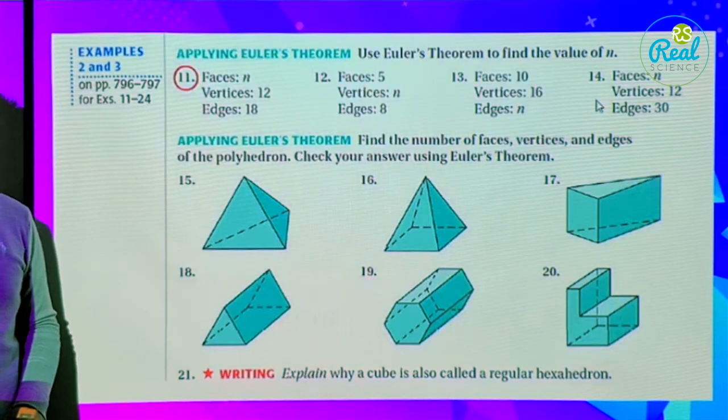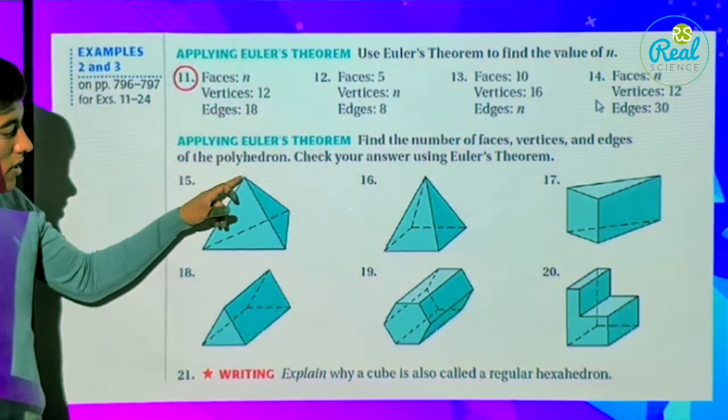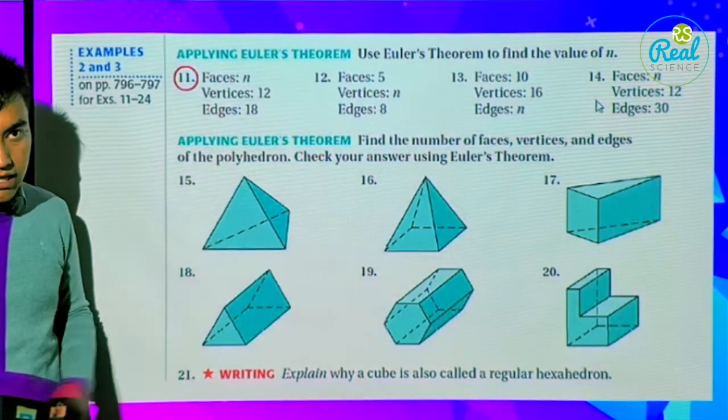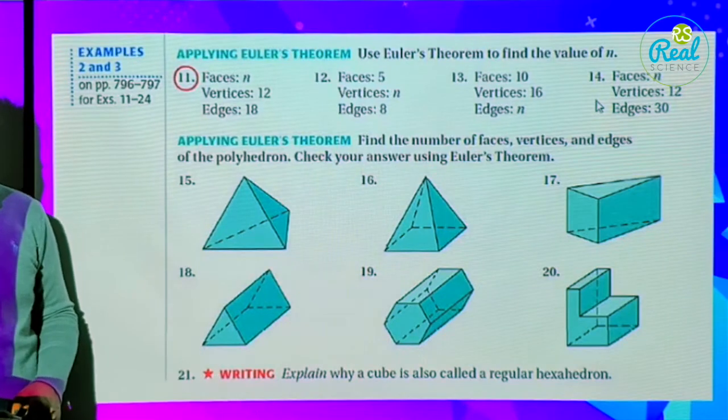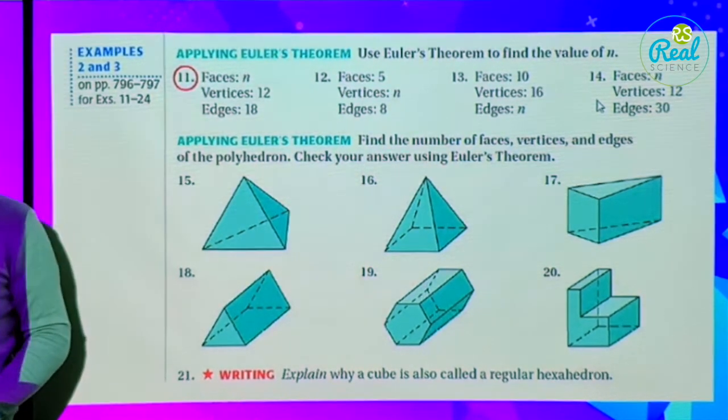The sum of faces and vertices, 4 plus 4, is 8. They're equal. In this case, what we found is correct.